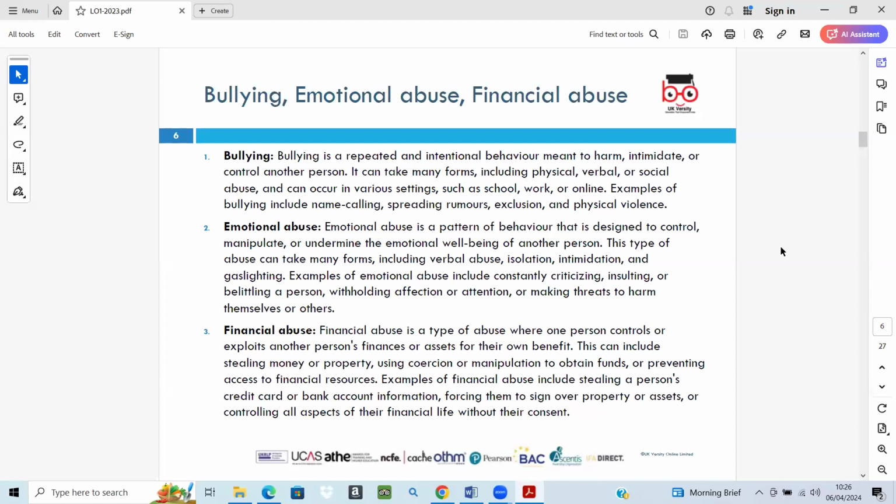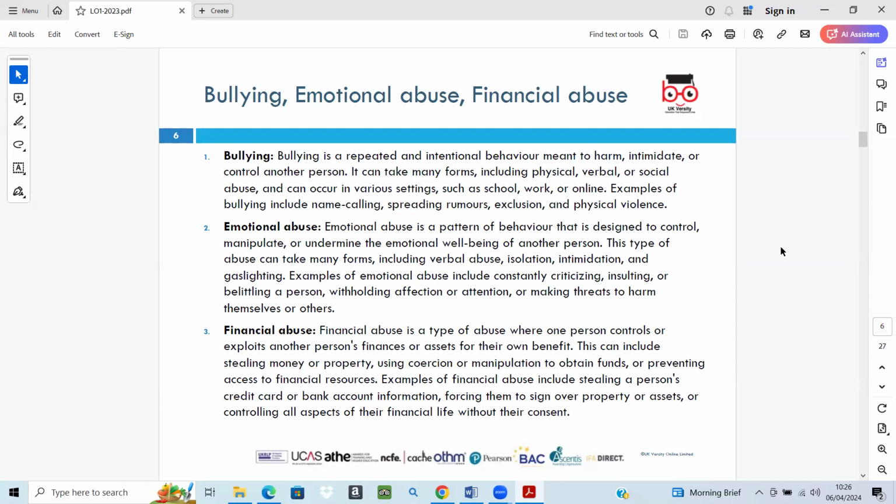Then we have institutional abuse. Institutional abuse is mistreatment or neglect occurring within an organization like a care home, hospital, or any place of work, often due to poor practice or policies, where they neglect the service user.